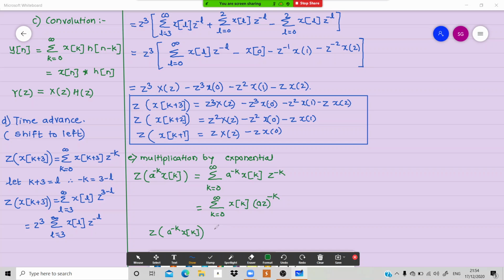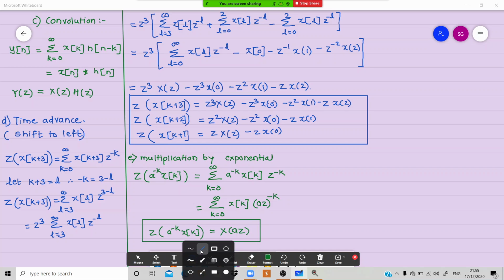Then you are going to have that thing equal to, very easy to understand, X(az). Okay. So this is property number 5 for exponential.